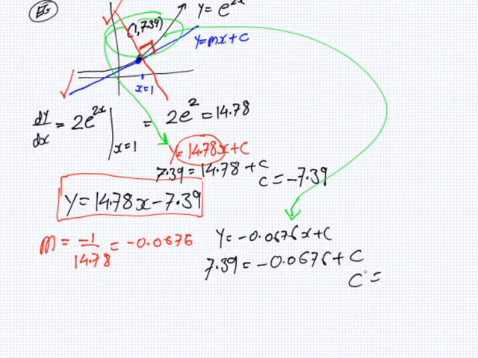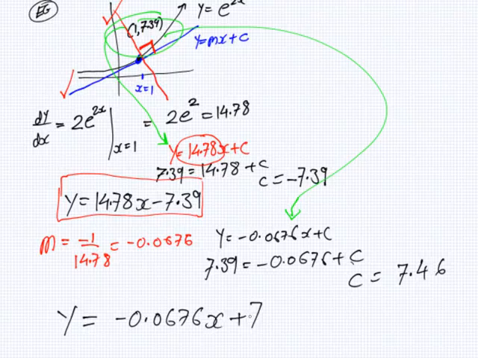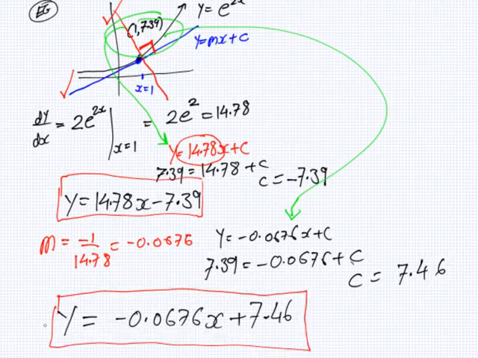So c equals 7.39 plus 0.0676, so 7.46. And now we have the normal. y equals mx plus c. So this is the tangent and this is the normal. Okay, so write that one down.